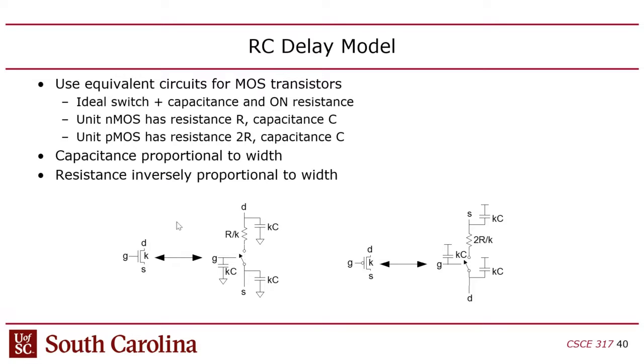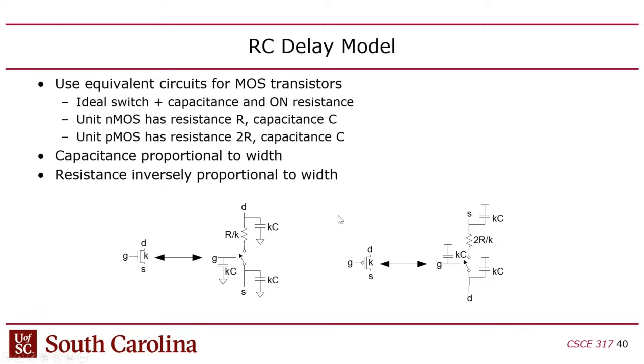But even if you do that, you need to consider the fact that there is a capacitor formed from the gate to ground in the case of an nMOS, or from the gate to VDD in the case of a PMOS. But the point is, there's a capacitor. It doesn't matter if the capacitor goes to ground or VDD, it's a capacitor. So there's a capacitor on the gate. There's also a capacitor on the source and drain.